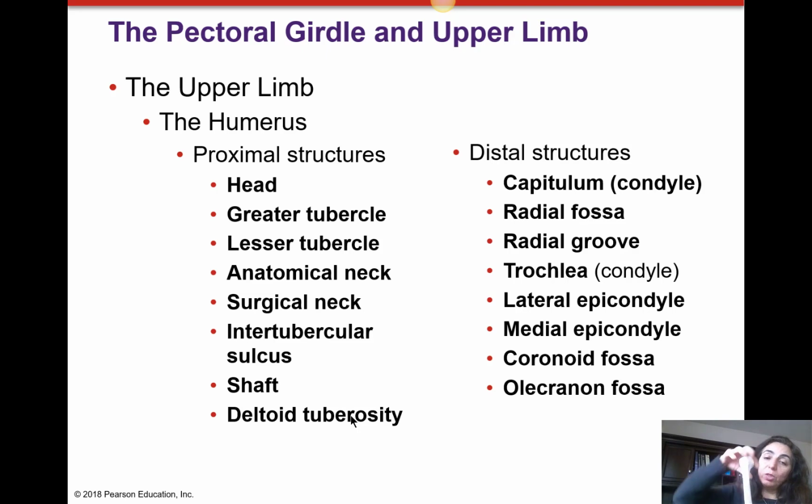So that was regarding the proximal end, all the structures that we have here. As you already know, this is the upper part, so this is the proximal part, right? That is closer to the center, closer to the shoulder, closer to the point of attachment, right? Now we go to the other end. This is the distal part, right here.